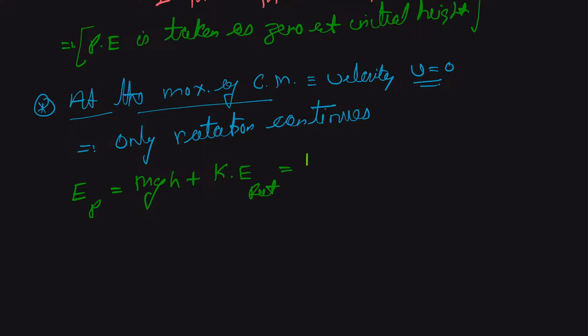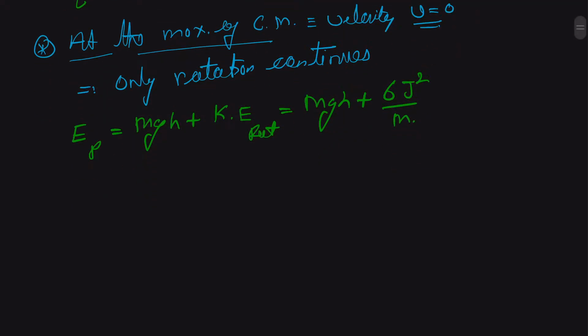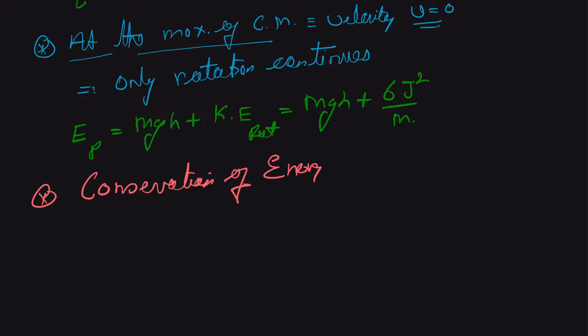So we can write this as mgh plus 6J square upon m. Now we can use conservation of energy after the impulse.